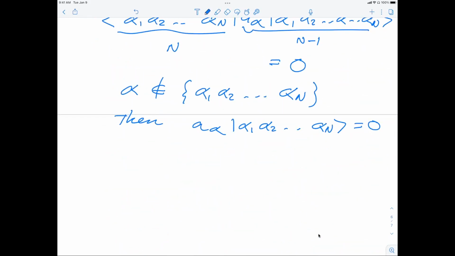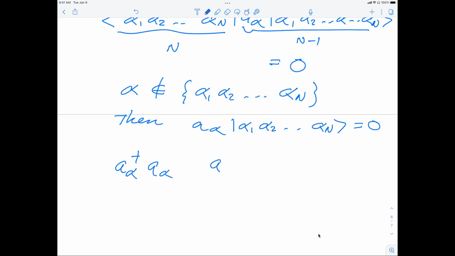So let's quickly set up the definitions which we have. We need to look at what happens when we are acting on a state which has n particles with an operator which goes like A alpha dagger A alpha.